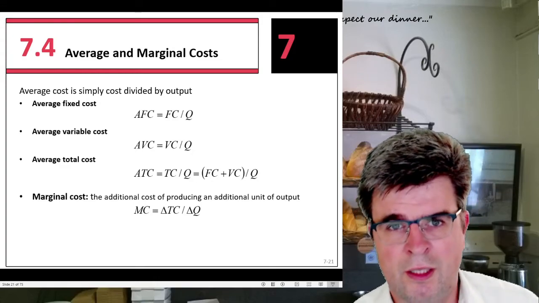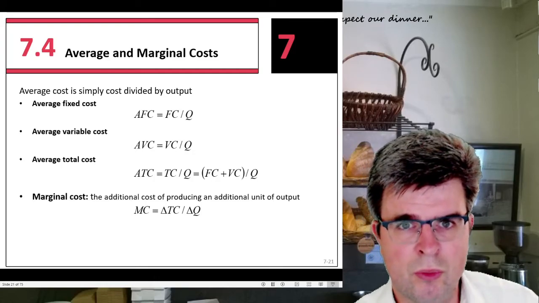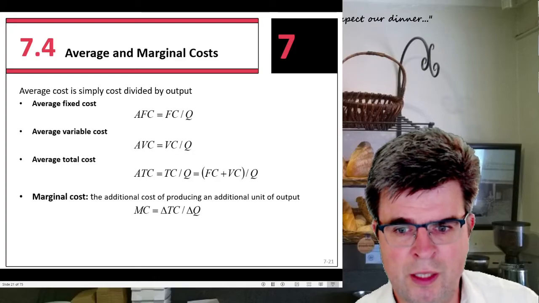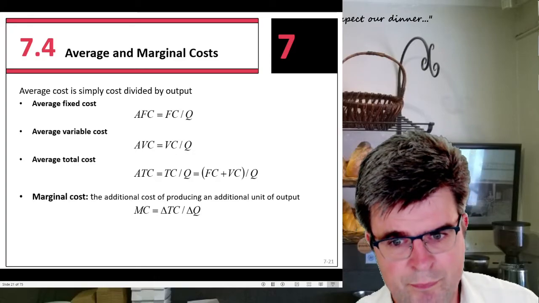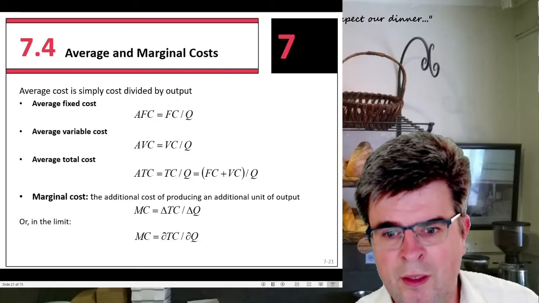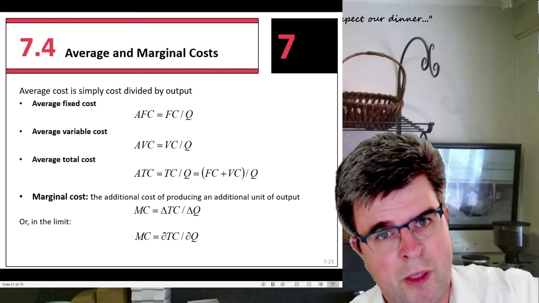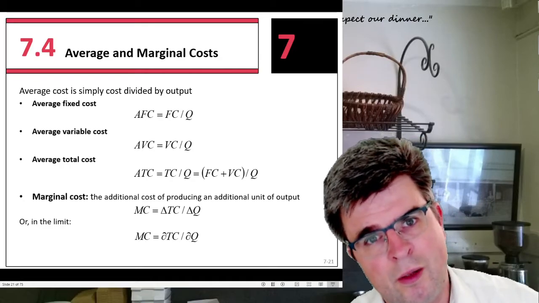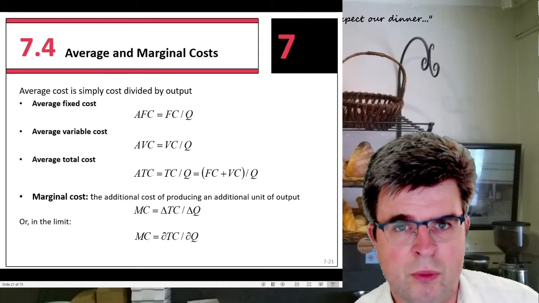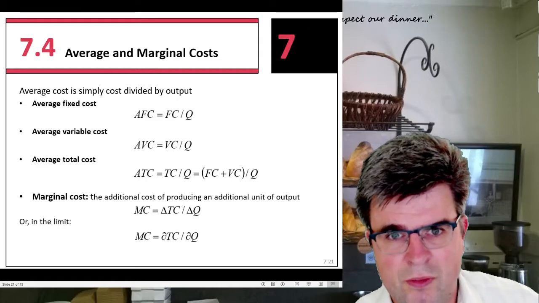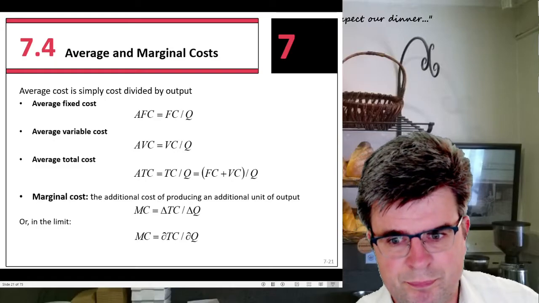That is what we call the marginal cost of production. It's the change in the total cost if you increase the quantity that you produce by 1 unit. And in the limit, we take very small changes, so we ask what is the derivative of the total cost function with respect to the quantity produced? Then we get the slope of the total cost function.